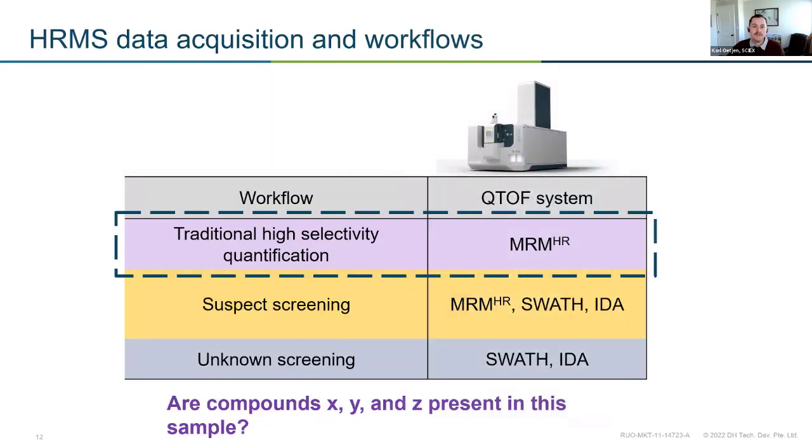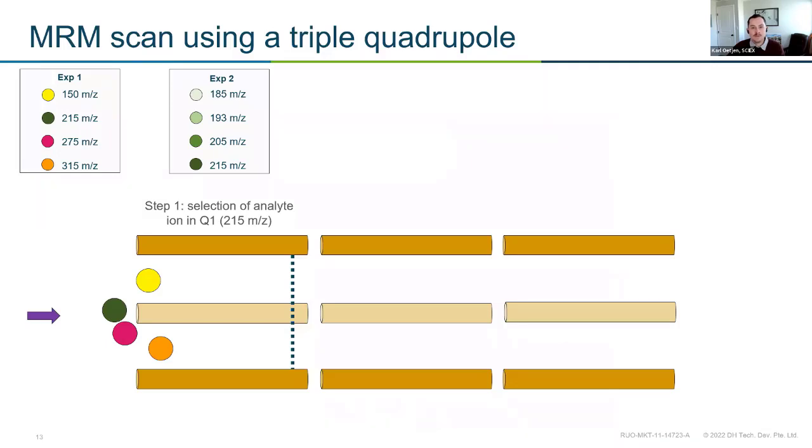So first, let's quickly review that targeted workflow. The question that we were trying to answer was, is PFAS in my sample? Is PFOA in my sample? And when we think about what a triple quadrupole is doing, so this would be a nominal mass instrument, we are taking an ion, in this case our 215. We're using that first quadrupole to filter out all the other ions.